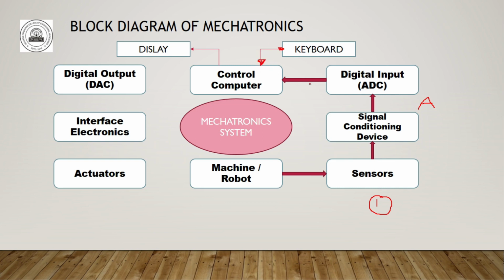Now what is a control computer? It is a device which records the input data, stores it and compares it with the set conditions, and according to the set conditions it will generate the output signal in digital form. Along with this comparison part, it installs the software which is required to make this comparison.